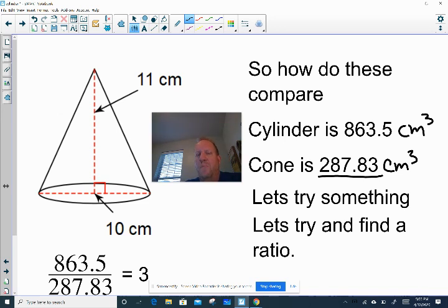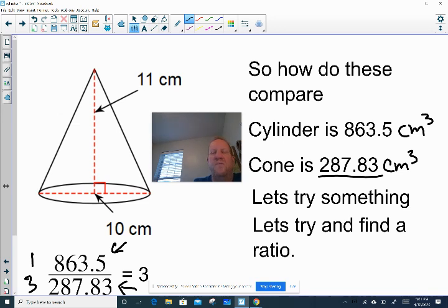And a ratio is when you compare the size of one by dividing it by the other. So let's divide the big one, 863.5, divided by the small one to find the ratio. If you plug this into a calculator, you're going to find out that that number is exactly 3. It's kind of crazy, but it is. Exactly 3. Okay, so that means for every 3 of these, there's one of these.